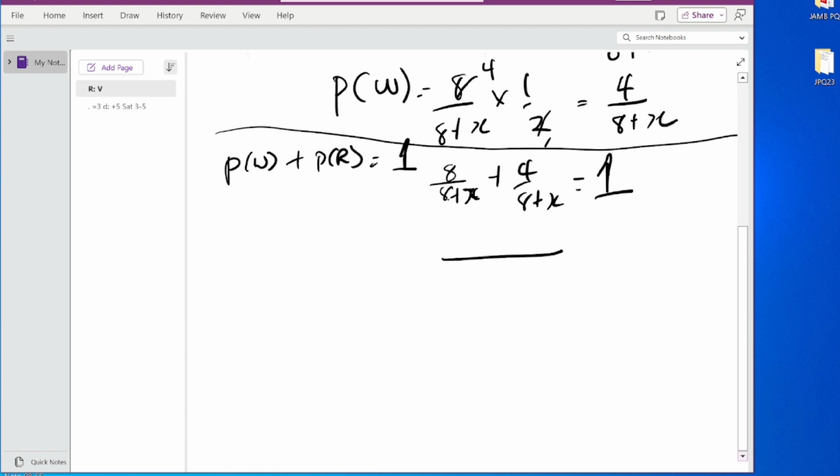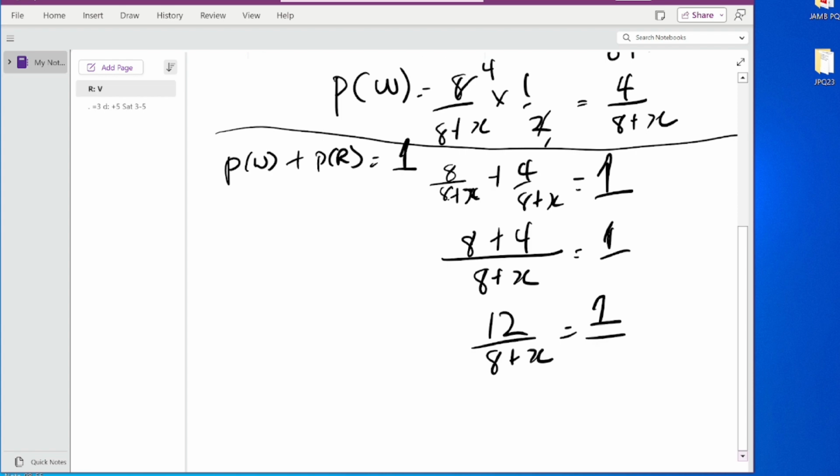You find the LCM. 8 plus X in 8 plus X is 1, 1 times 8 is 8; 8 plus X in 8 plus X is 1, 1 times 4 is 4. So we will be having 12 over 8 plus X equals 1. You can also say 1 over 1.